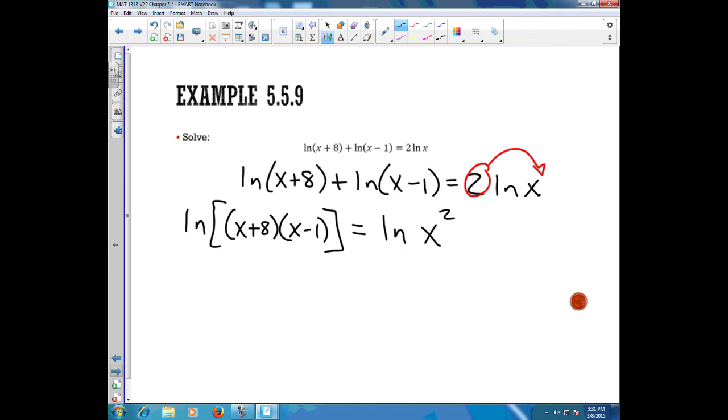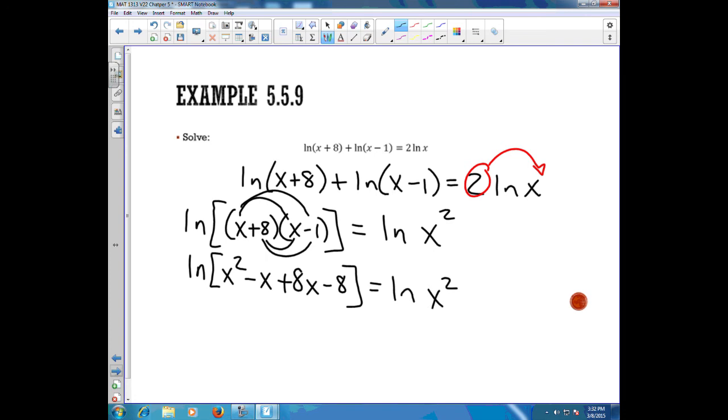If we simplify now the left-hand side by foiling, x times x is x squared, minus 1x plus 8x minus 8 equal to the natural log of x squared. And so the natural log of x squared plus 7x minus 8 is equal to the natural log of x squared.